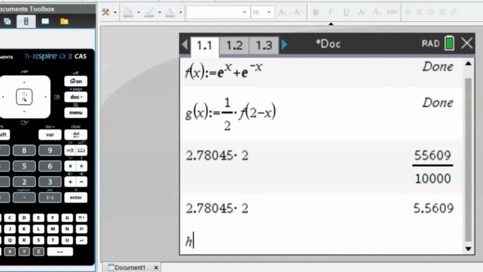Alright, h of x is such that h of x is going to be 1 over 5.